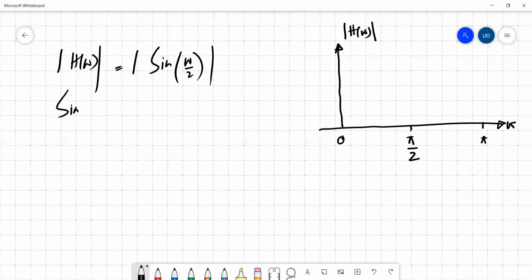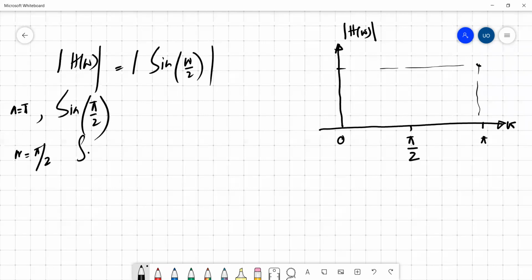What about sine when omega equals pi? Sine(pi over 2) is actually 1. What about omega equals pi by 2? It's like sine(pi over 4), some positive value, 1 over root 2, if I remember, yes.